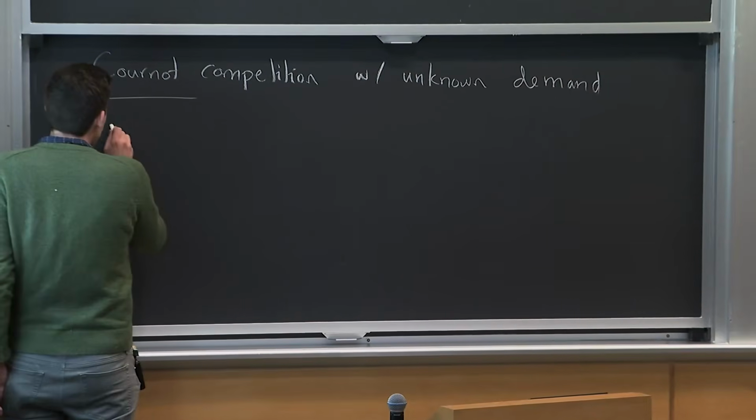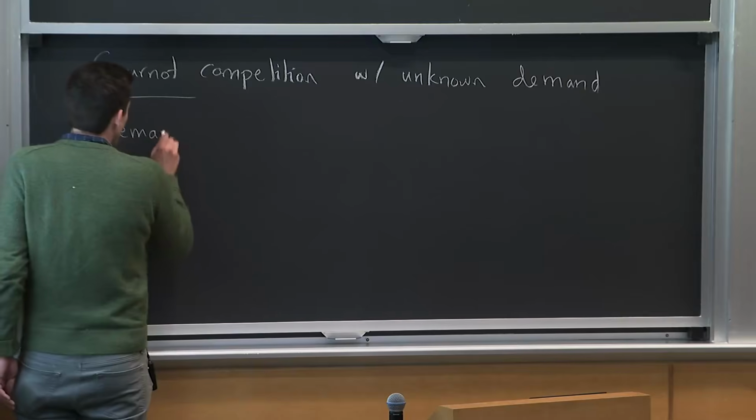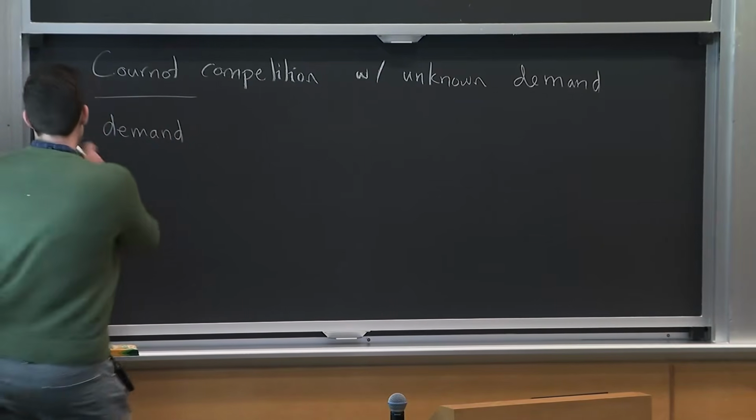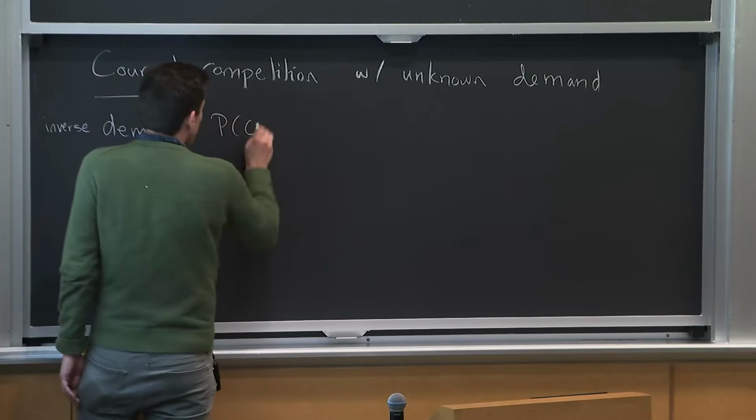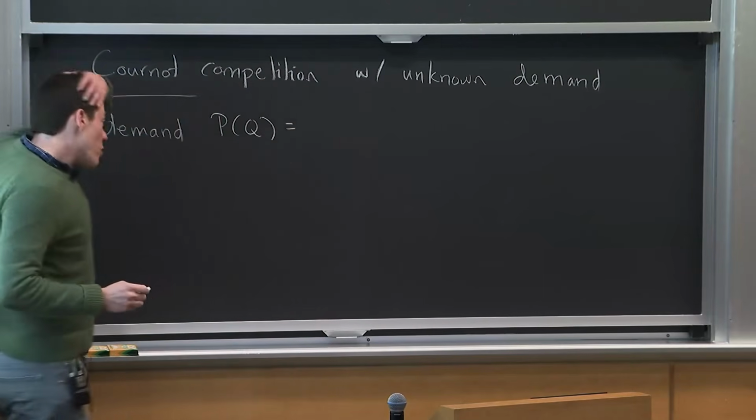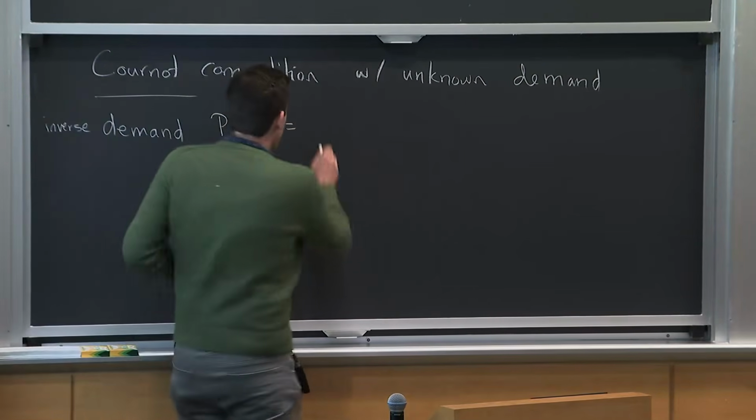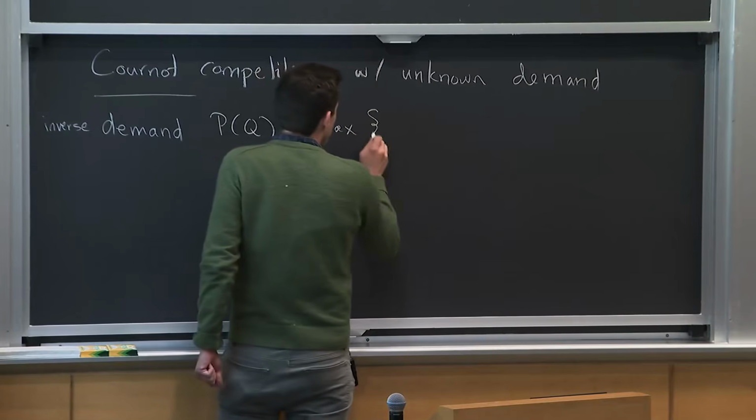So let's now suppose that the demand, or more precisely the inverse demand, P of Q, before we just said it was 1 minus Q. Let me write what we had before, and then I'll change it.